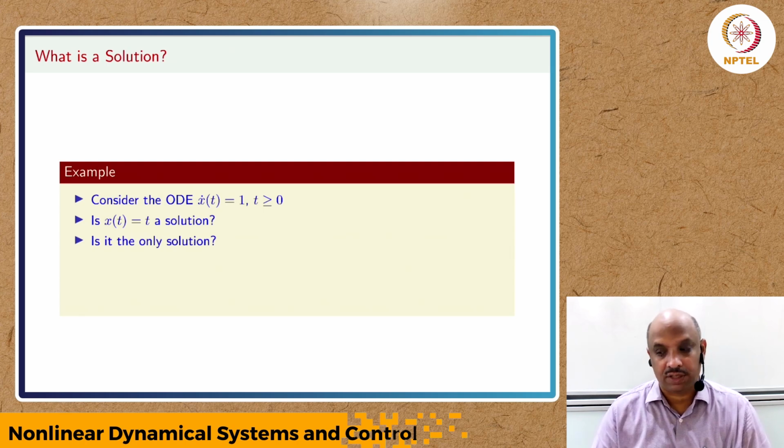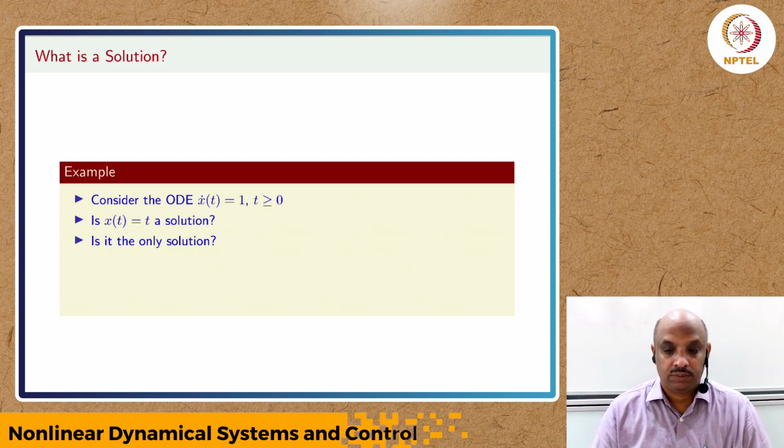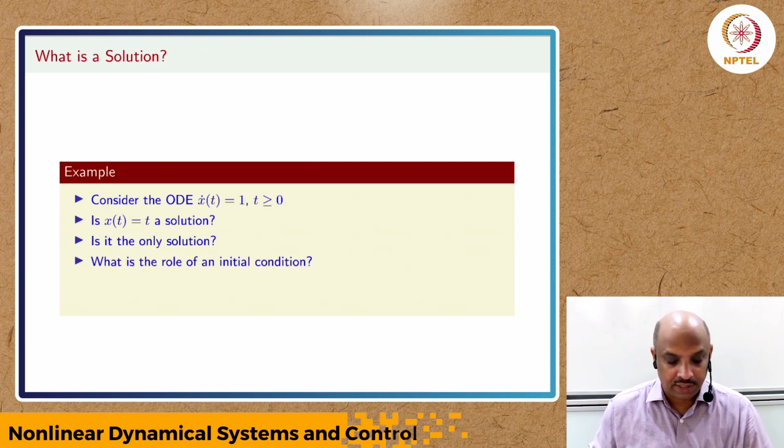Then of course the question becomes, is that the only solution, right? We have seen in linear systems, by a method of contradiction, we showed that the solution that we derived for linear systems is unique. And then of course the question is how do initial conditions come into the picture, right?